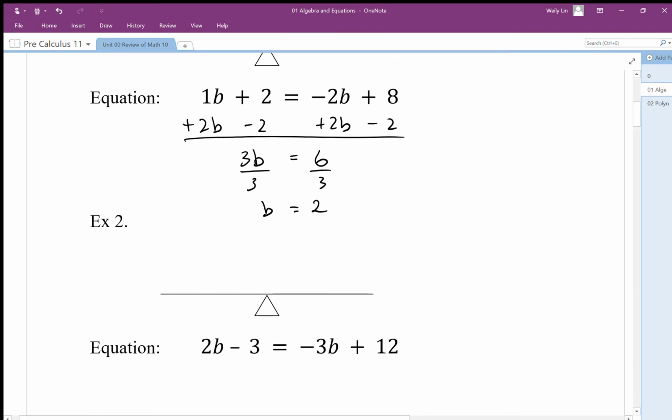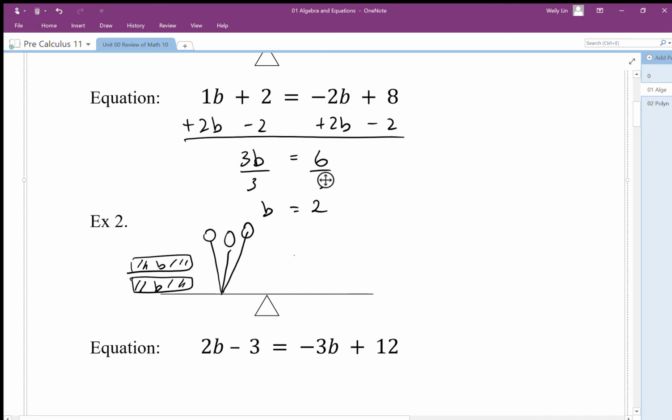For this one, we have 2 b's, so I'm going to draw these 2 b's in this manner. We're going to have a couple of little balloons here, showing that these are pulling in the opposite direction. We're going to have some bigger balloons here that show us our negative B's.